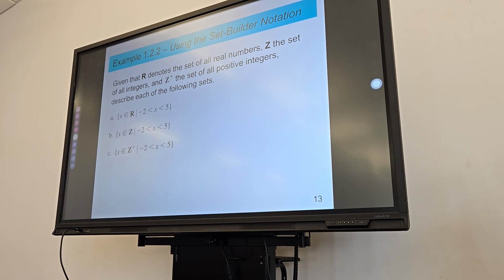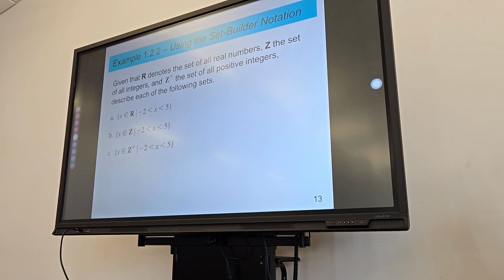And with C, the first condition is X is an element of positive integers. So it would be the positive integers between -2 and 5. Yep. 1, 2, 3, and 4.